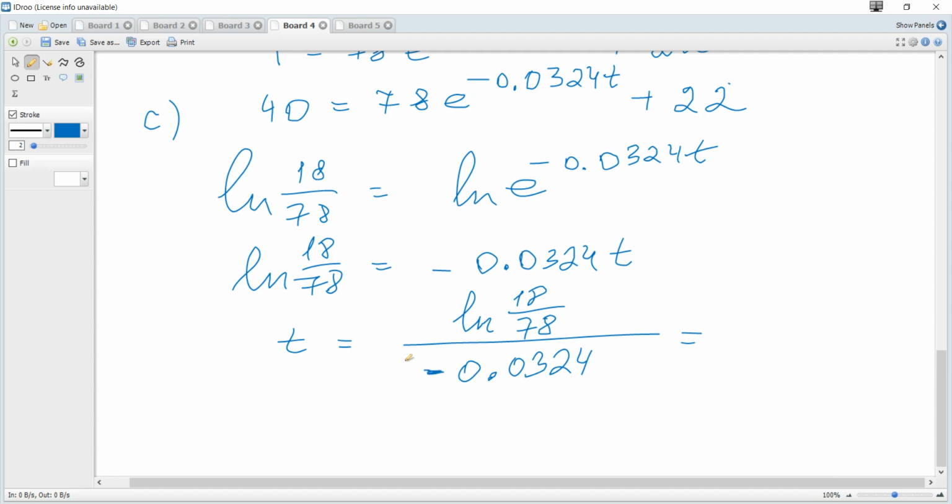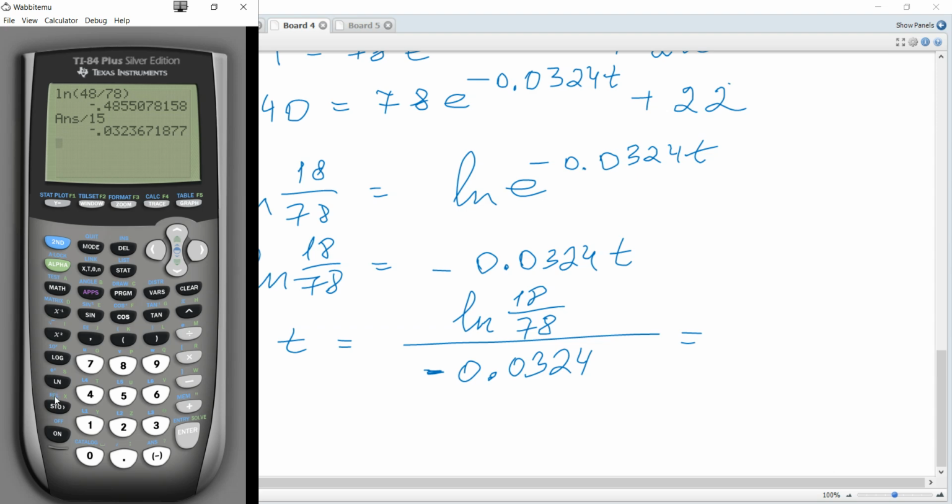You can see ln of 18 over 78 is negative, and together with this minus we get a positive answer, divided by 0.0324.